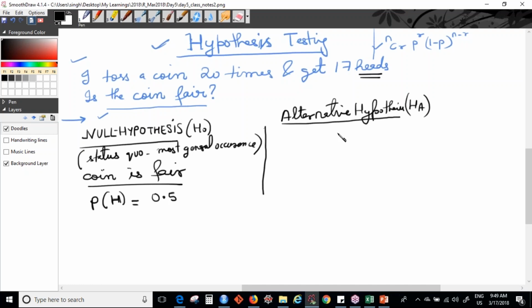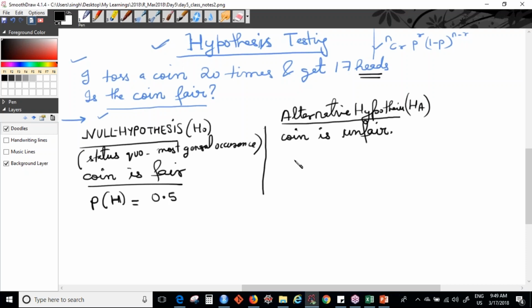What is your alternative hypothesis? It is just the opposite of this. So here we said the coin is fair. So here we will say that the coin is unfair.